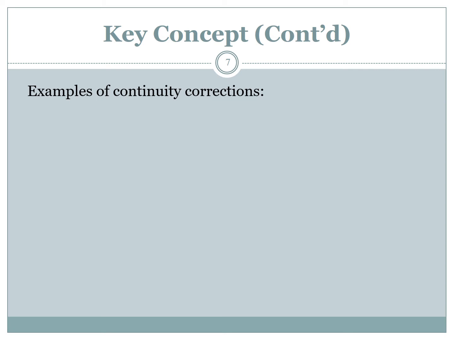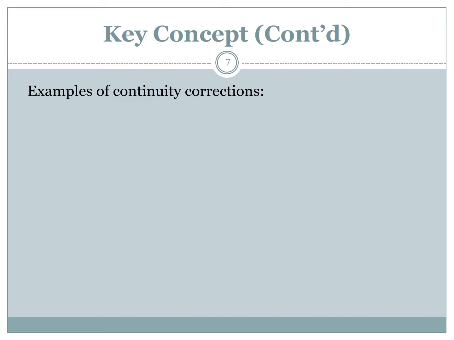So we need some more examples of continuity corrections, because when you come to do a problem, it's not always going to be find the probability that x is equal to some number. It's either going to be x greater than some number, x less than or equal to some number, and so on.